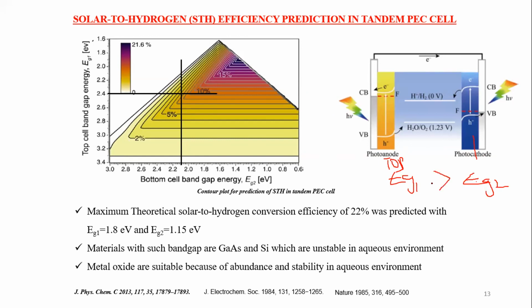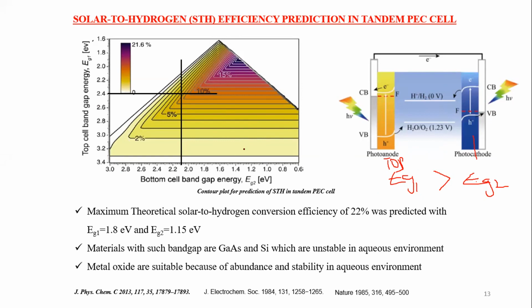We need to choose the semiconductors for the photoanode and photocathode in such a way that the band gap of the top electrode is higher than the band gap of the bottom electrode. Then whatever light is not absorbed by the top electrode will be absorbed by the bottom electrode. In this way, one can maximize the light absorption.